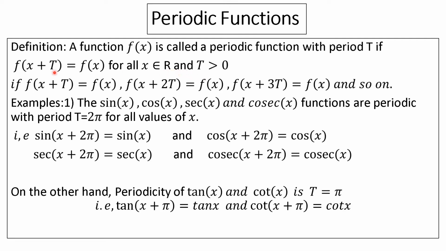That means any function that satisfies this condition, f of x equal to f of x plus t, where t is a constant, is called a periodic function, and t is called the period of the function.